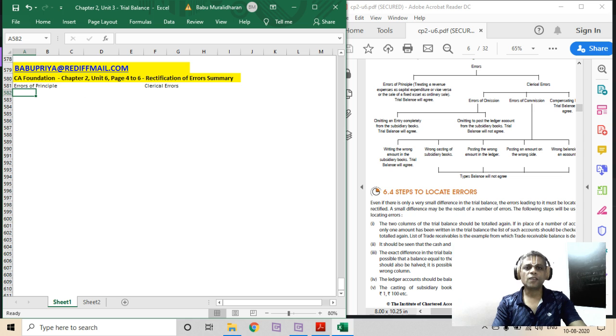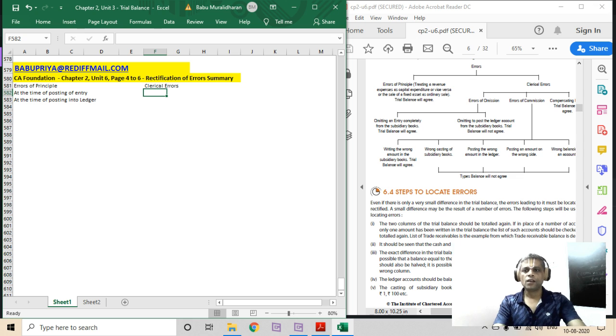Errors of principle can be of two types: one at the time of posting of the entry, and second at the time of posting into the ledger.